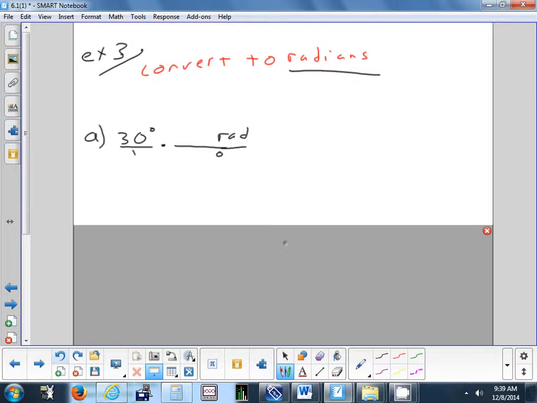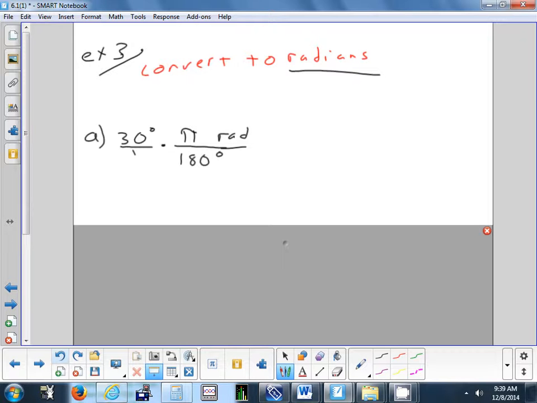Now we just have to decide which number goes with which. On the other page, what was the number that had the degree symbol on it? Was that the 180 or the pi? That was the 180. If you go back, 180 had the degree symbol, pi was radians. So now I don't even have to memorize whether it's pi over 180 or 180 over pi.